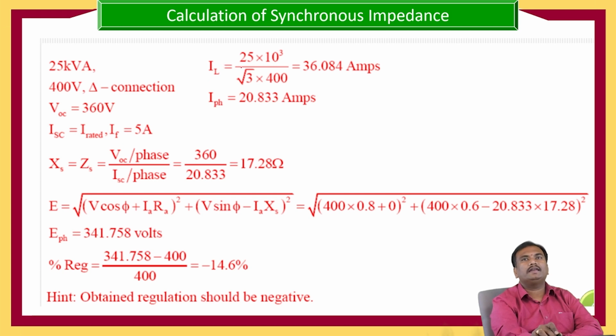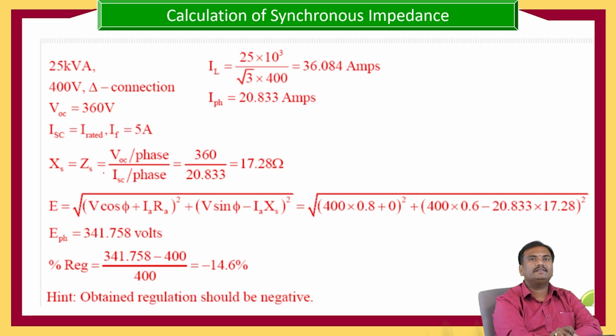We can calculate IL equals 25 into 10 cube by root 3 into 400, that is equal to 36.084 amperes, where I phase is equal to 36.084 divided by root 3, that is equal to 20.833 amperes, where ISC is the rated current at field current of 5 amperes.